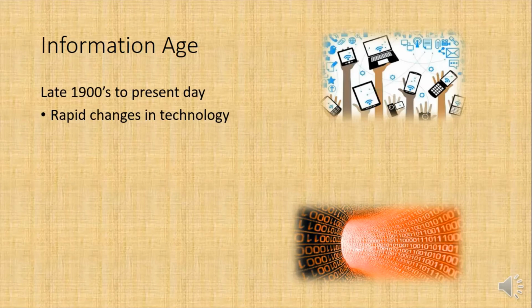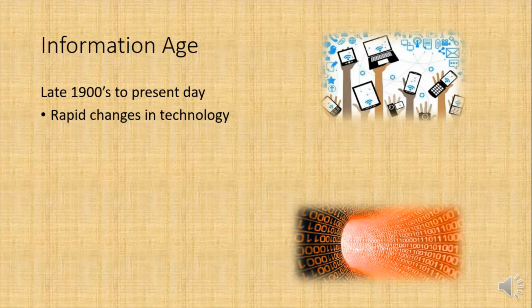What's the first? We started getting rapid changes in technology. It doesn't take us long to think about this: from the beginning of cell phones, every year a new iPhone or a new Samsung Galaxy or a Nokia or LG or a new phone comes out.